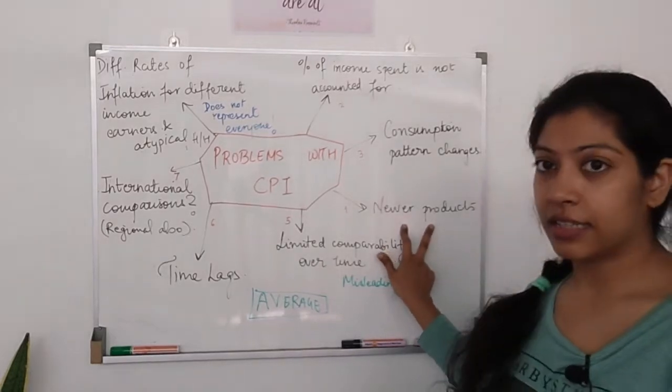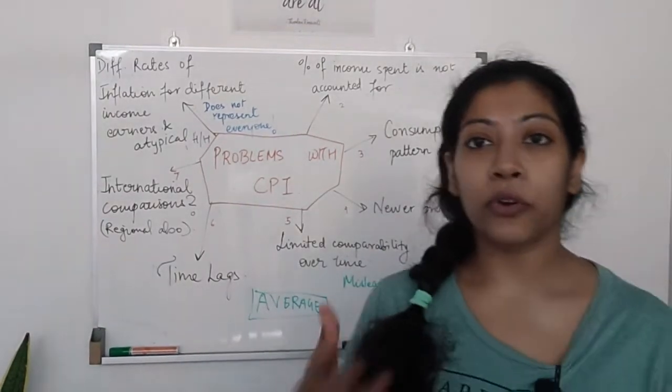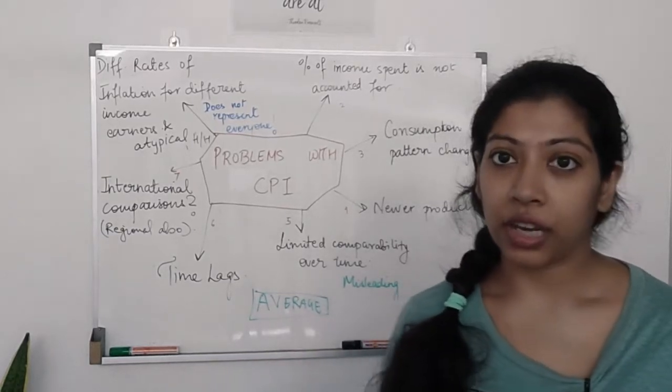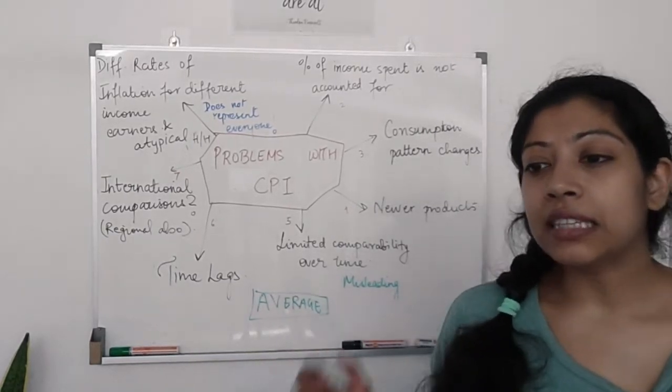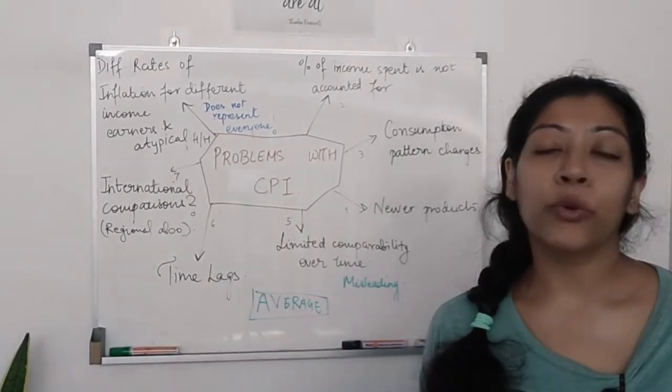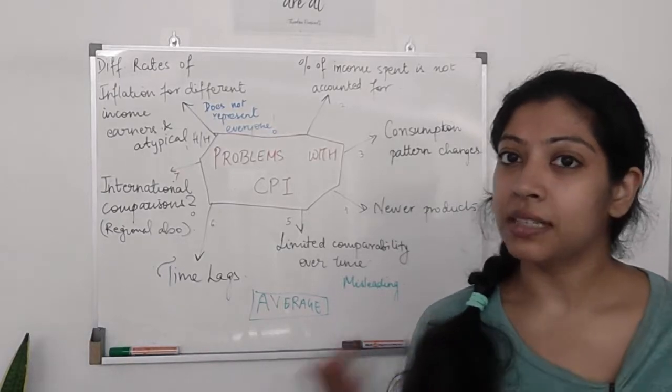Newer products is the fourth limitation. So newer products, let's say Netflix as opposed to DVDs, right? If the CPI is consistently going to look at DVDs only, there would be a point of time when the weight assigned to it would be 0.